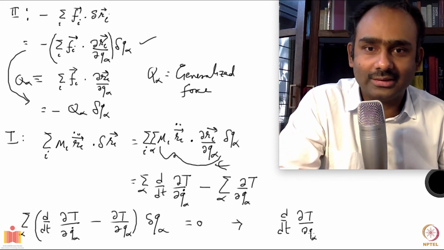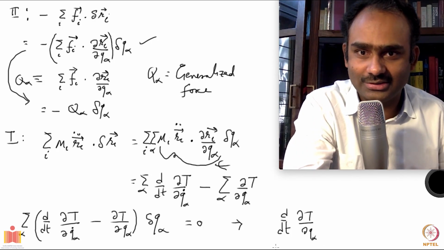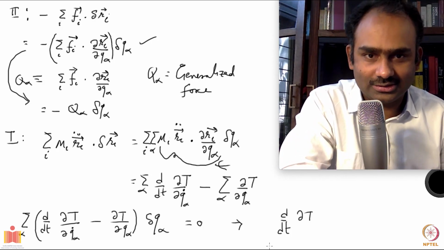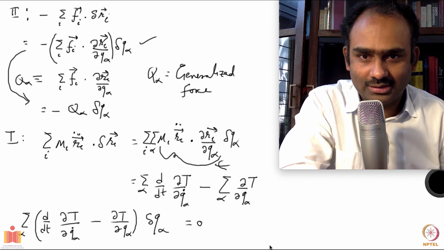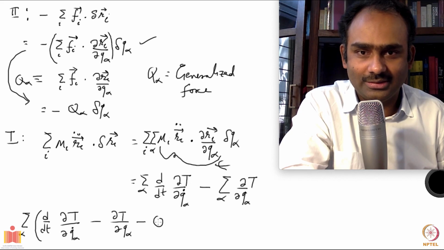Okay, I think I went a little fast. I have included only the second term. The first term I have missed here. So let me just write it down here. Minus, you remember, this is what you get from the first term.